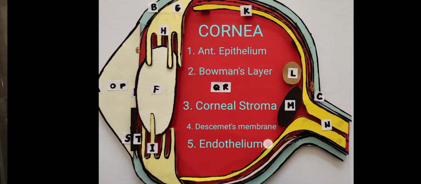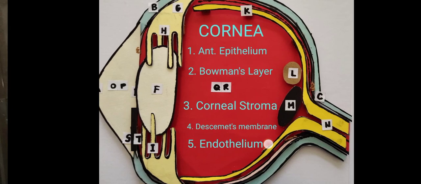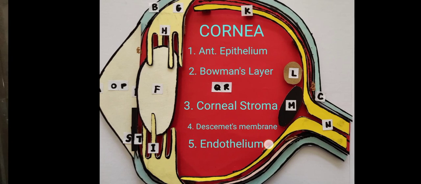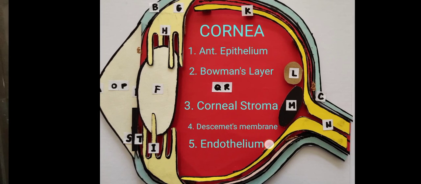That means it allows light to get inside the eye so that light can reach the retina, and when the light reaches the retina, it changes into a nerve impulse, and the nerve impulse travels through the optic nerve into the brain, in the visual cortex, wherein sight and vision really occurs. So that's why the cornea is very important.